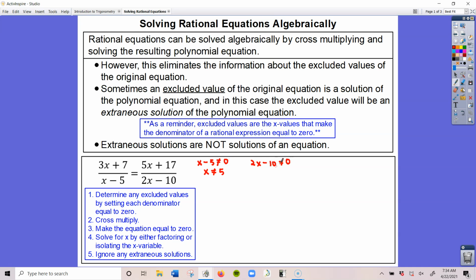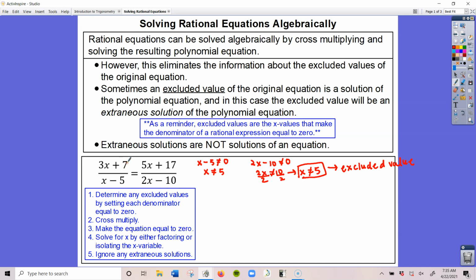Over here, I would add the 10, so 2x cannot equal 10. Divide by 2, and we get the same value of x cannot equal 5. So since these are the same, that's fine. This is my excluded value. Now I'm going to explain why we do this first once we finish solving this equation.